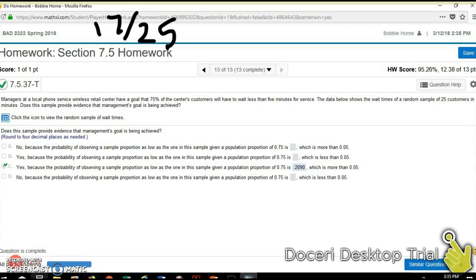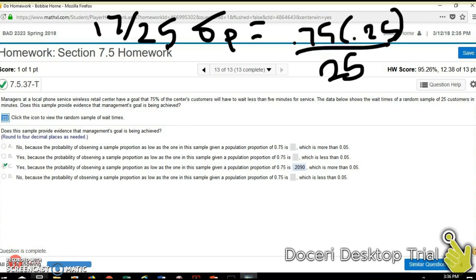So what I can do is calculate my standard error, which would be 0.75 times 0.25 divided by 25, and take the square root, and I believe I got 0.0866. So then what I have to do is calculate my Z-score.